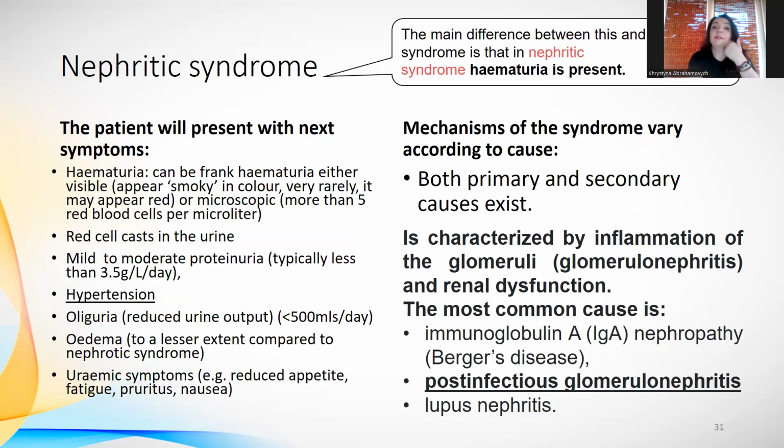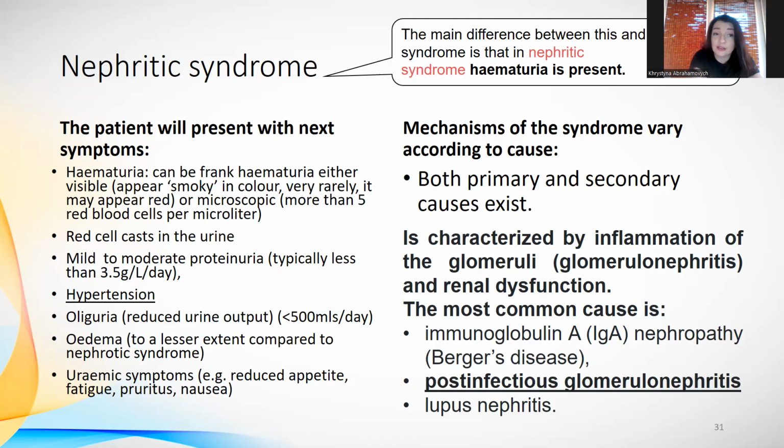Now, next is nephritic syndrome. The main difference between this and nephrotic syndrome is that in nephritic syndrome hematuria is present. So the patient will present with the next symptoms. In the first place, hematuria, which can be visible or microscopic.